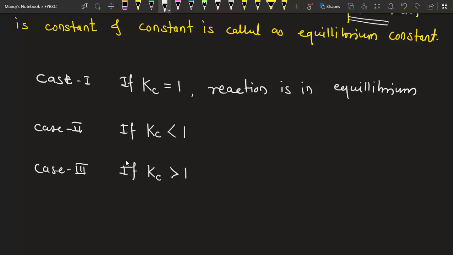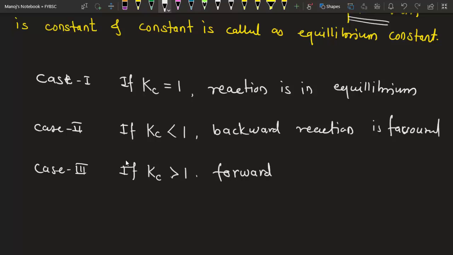If Kc is less than 1, it means that the backward reaction is favored. And if it is greater than 1, it means that the forward reaction is favored.